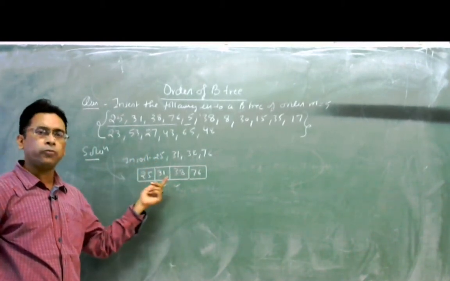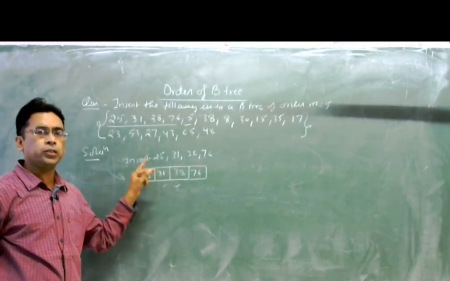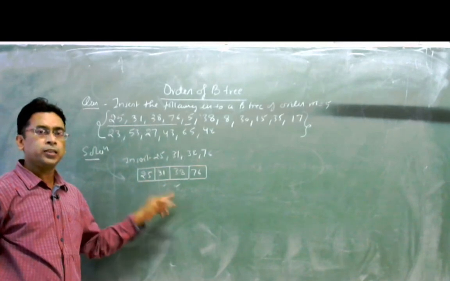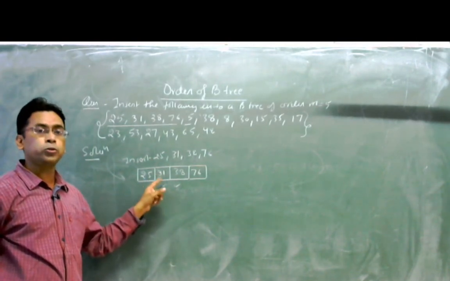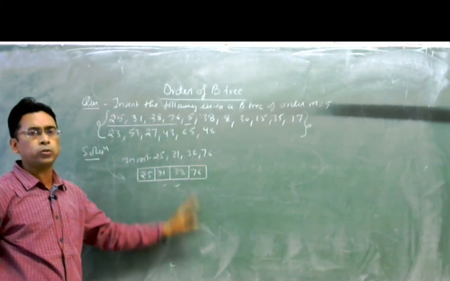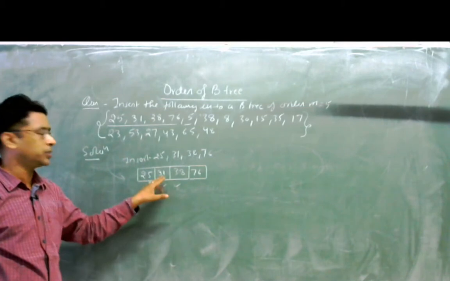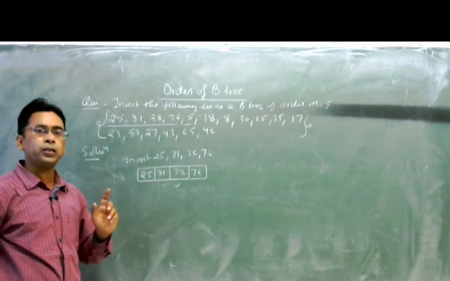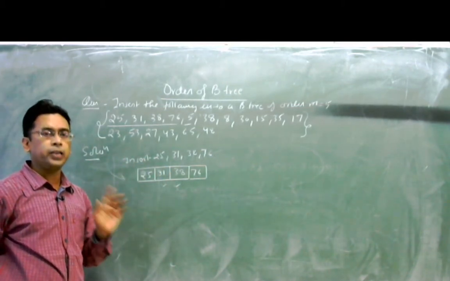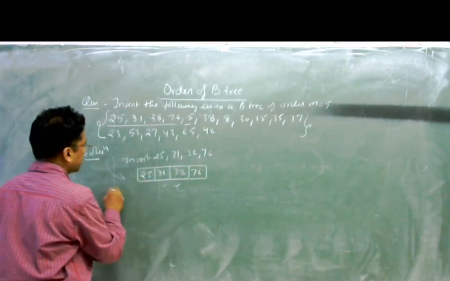Both of these options are correct, but when you select any of these, the whole question, the rule, should be the same. Either you take the second element as the root element throughout the question, or the third element throughout the question. Both are correct, but you can follow only one condition throughout the question.